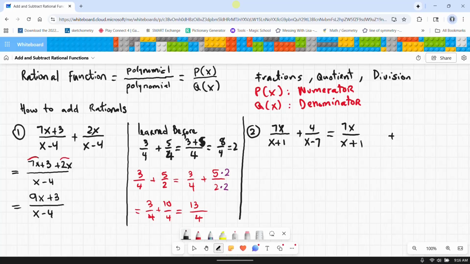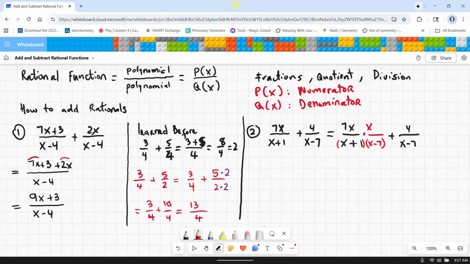Let me give some space here so we can fill in what we need to. We're going to multiply across the denominator. Now I'm going to multiply by the denominator of the second rational, which is x minus 7. I would like to keep them in brackets so you won't get confused.